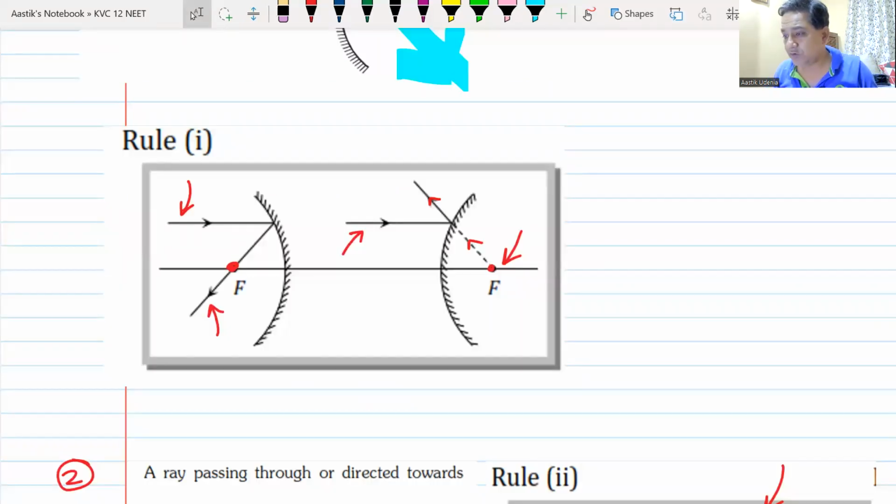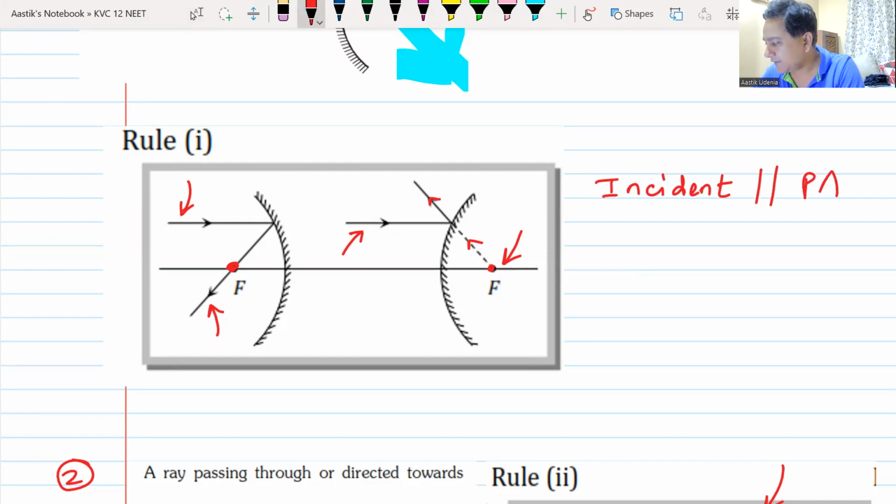This is a diagram for rule number 1. As you can see, the direction has been reversed. The incident ray is parallel to the principal axis.